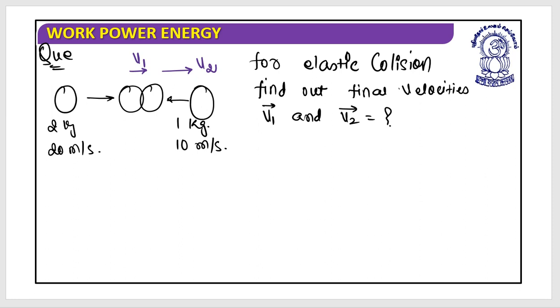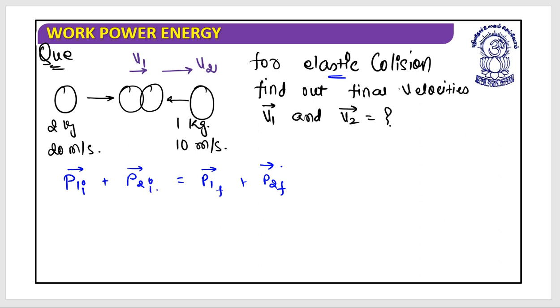What we need to do is go with the approach of pure logic. So what I understand, first thing that is clear in my mind, is that it's an elastic collision. So I can say p1 initial plus p2 initial should be equal to p1 final plus p2 final.